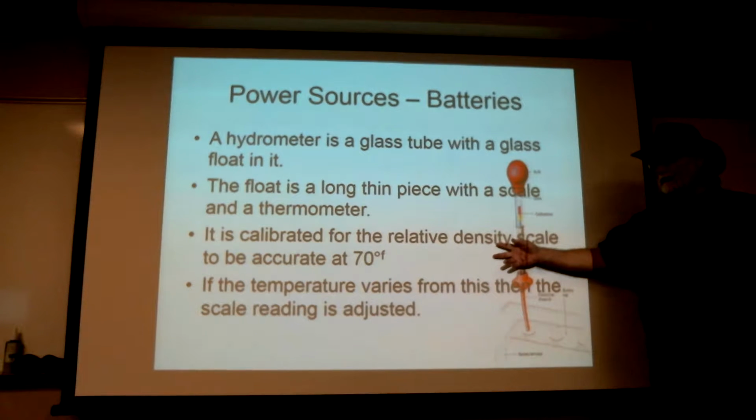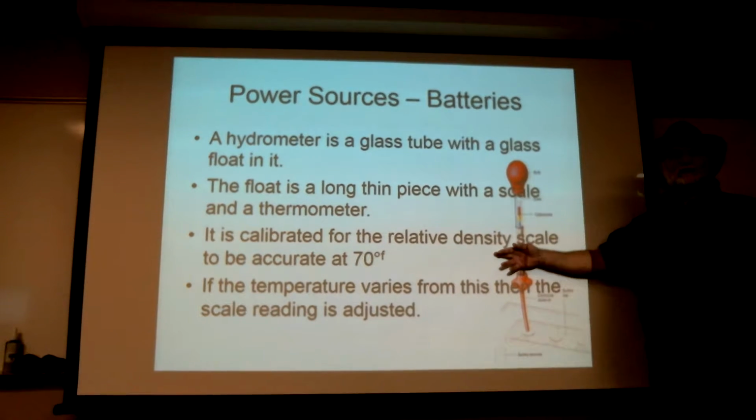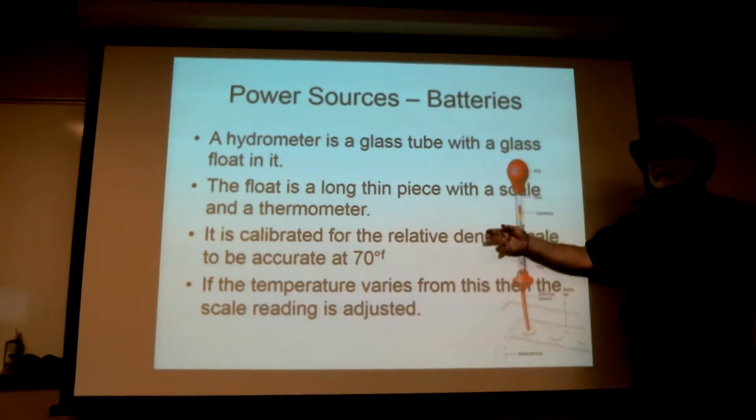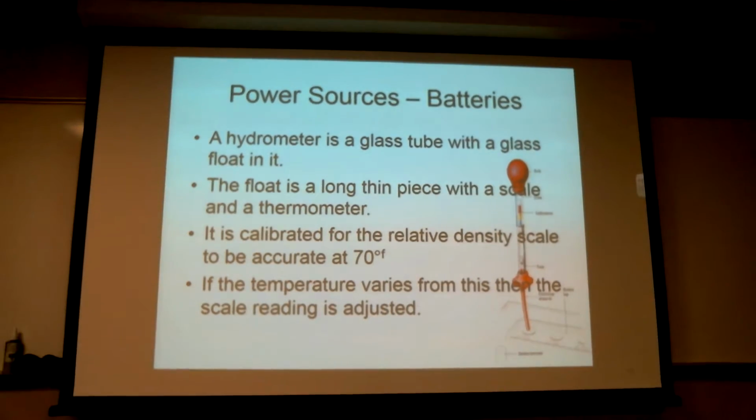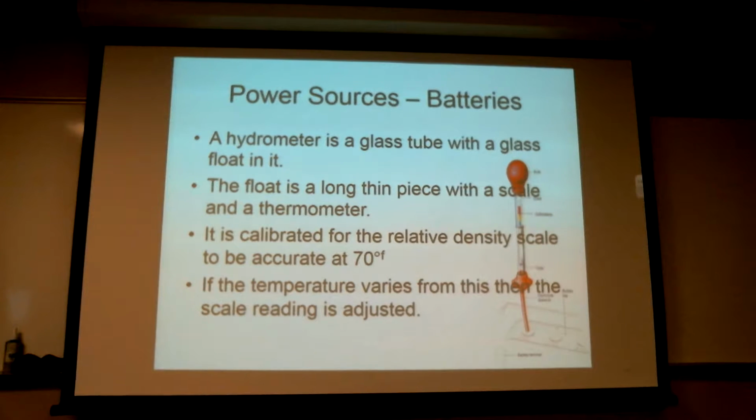Like I say, I've got 2 different hydrometers. One that zeros at 70, another that zeros at 80. So I'm not quite sure. This one has a little thermometer in there.